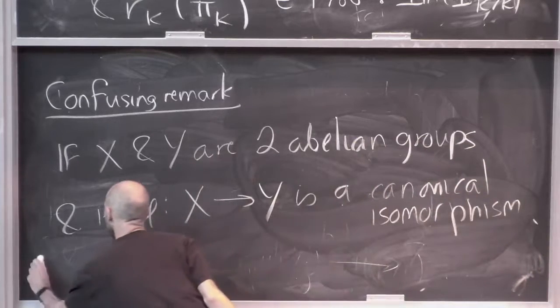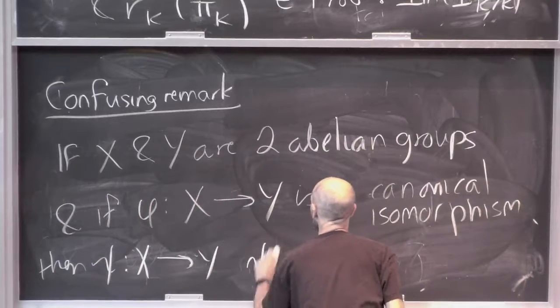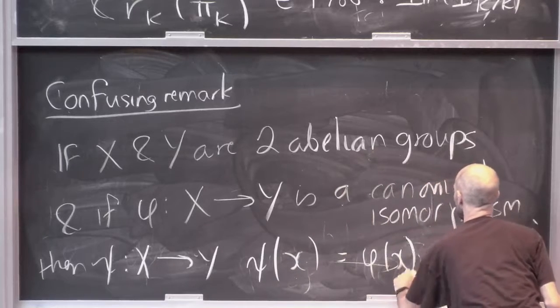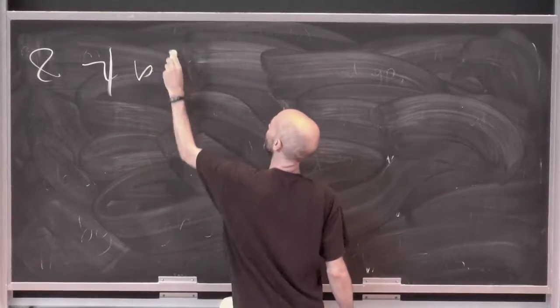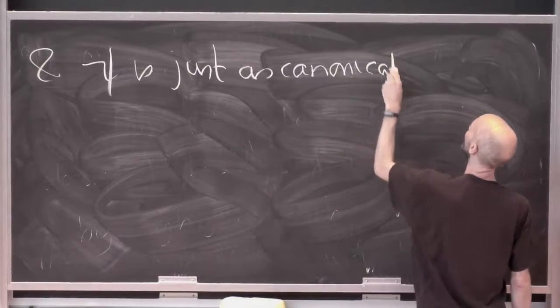Then ψ from X to Y, defined by ψ(x) = φ(x) inverse, is also an isomorphism. And in some sense, it's just as canonical. That's φ.